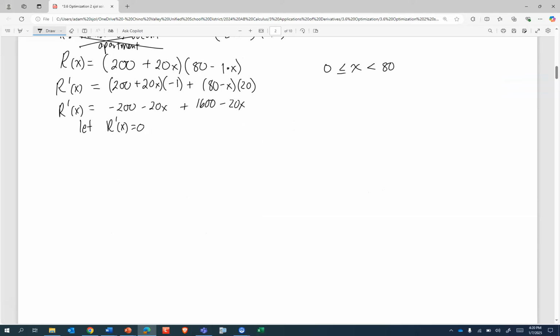Oh, that's nice. This is actually going to be way easier than I thought. So that's going to be 1,400 minus 40x. 40x equals 1,400. X equals 140 divided by 4.